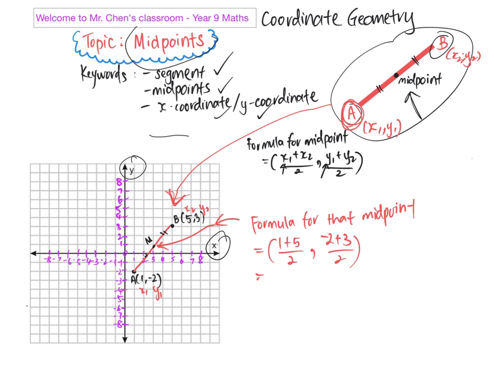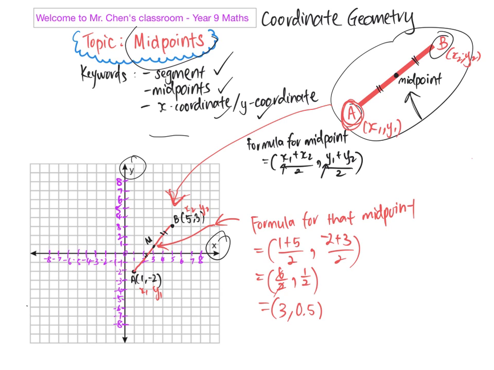So 1 plus 5 is 6, divided by 2 is 3. And -2 plus 3 is 1, divided by 2 is 0.5. There you go. That is your coordinate: (3, 0.5).